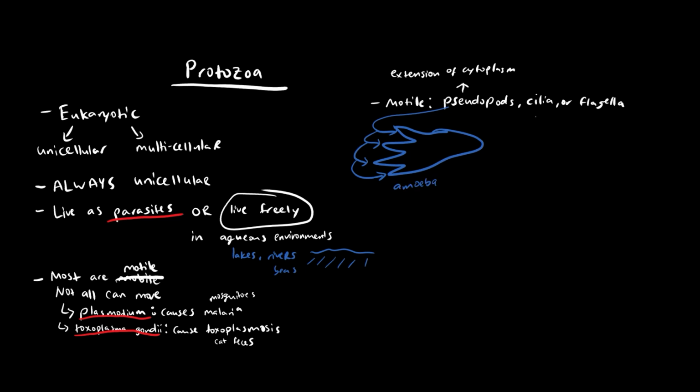Now, an example of a protozoan that moves via cilia is a paramecium. And cilia are hair-like projections that enable motility.